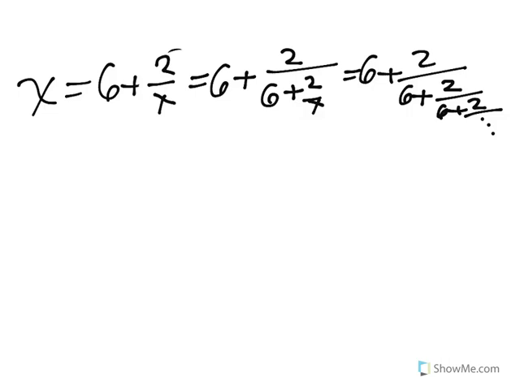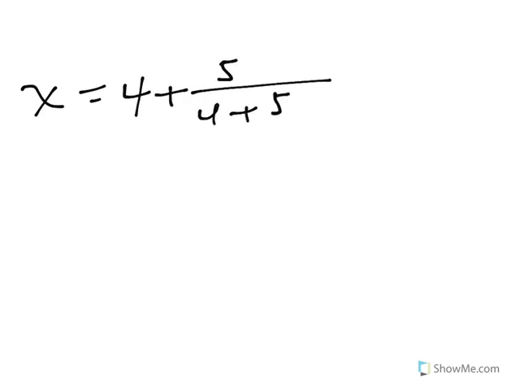Okay, the other skill I want to show you is how you can take this process and reverse it. So here's an infinite continued fraction with a repeating pattern to it.